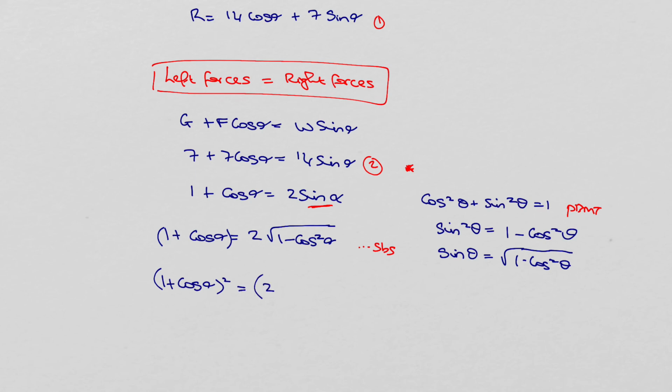And if I'm squaring the right-hand side, it's everything on the right-hand side multiplied by itself. So that gives me 1 plus 2 cos alpha plus cos squared alpha. And on the right-hand side, that gives me 4 times 1 minus cos squared alpha.